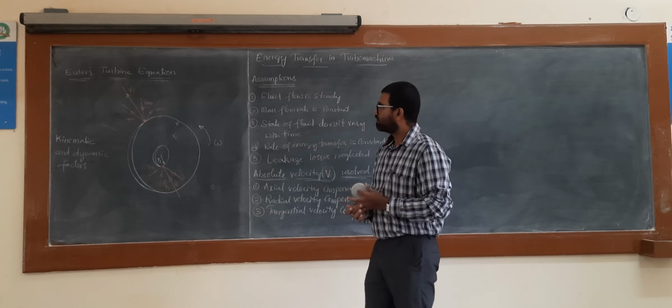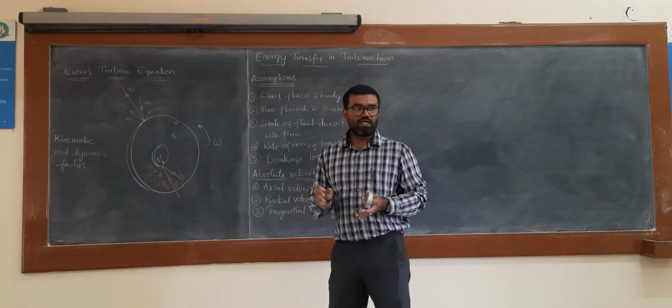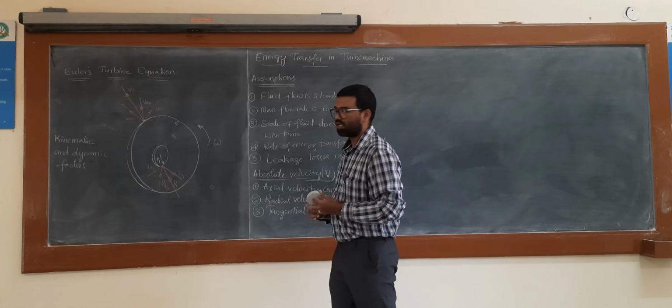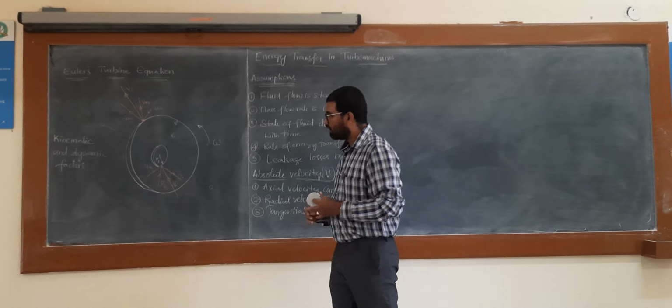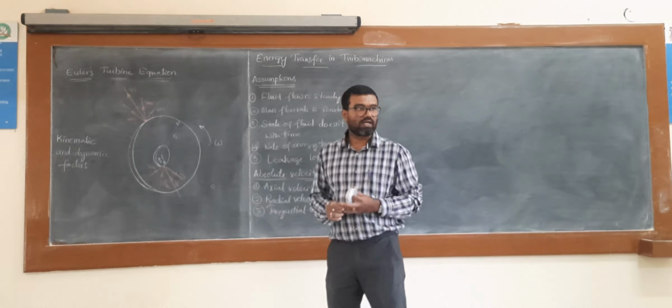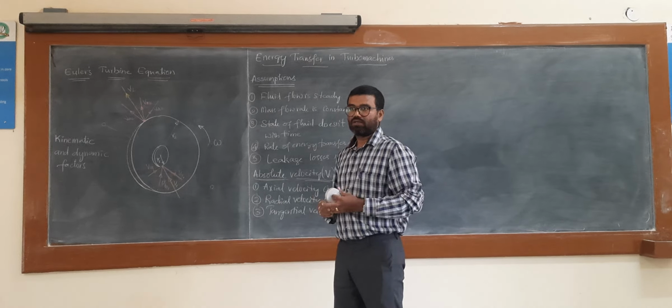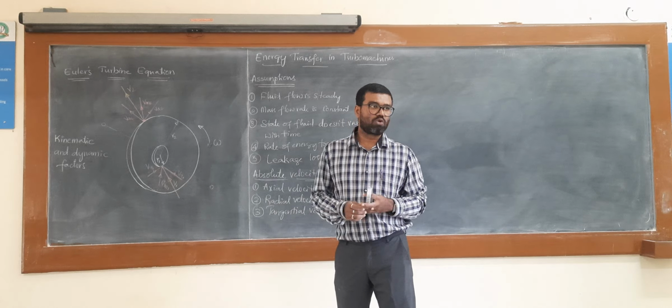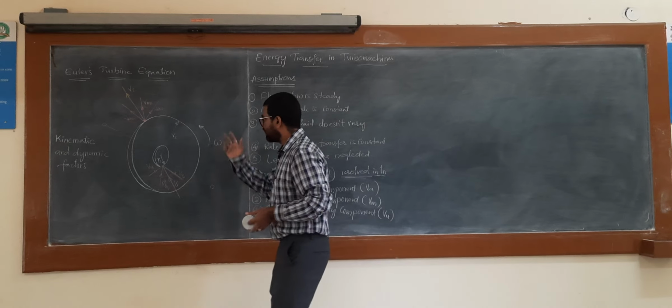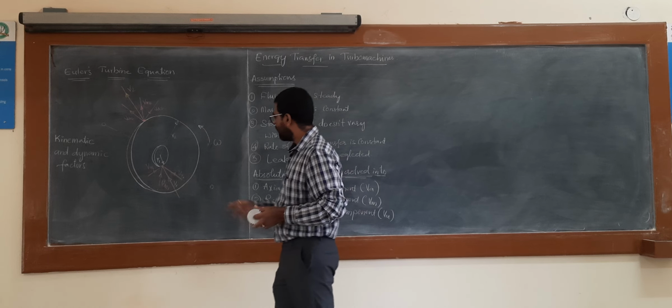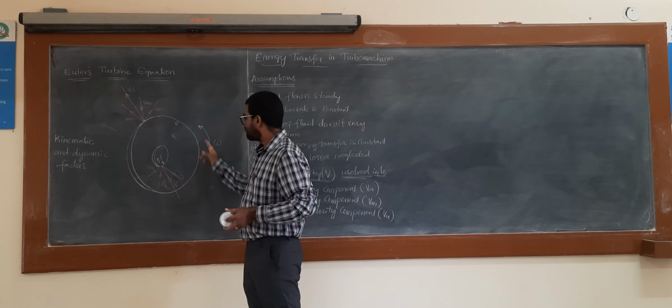In this, first we will derive an important equation, that is Euler's turbine equation, which will be useful in calculating the energy transfer of different turbo machines. So here to derive the Euler's turbine equation, we have considered a generalized rotor.